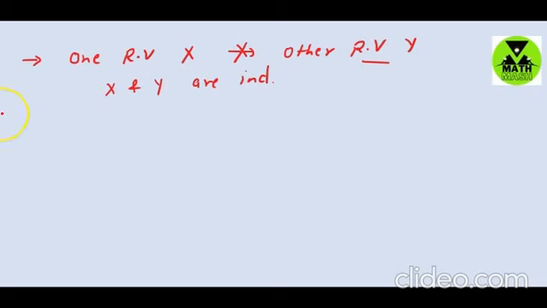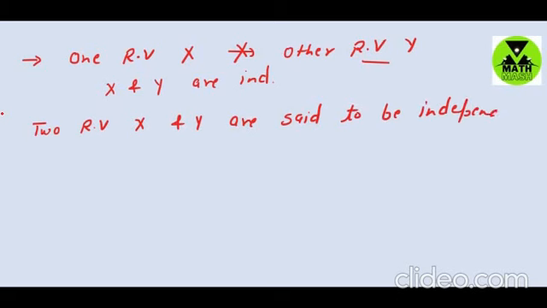Now, what is the condition to check for the independence of two random variables? Two random variables x and y are said to be independent if and only if, and this if and only if condition is important.